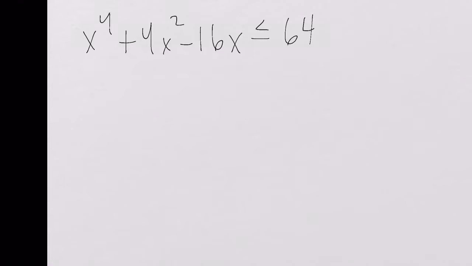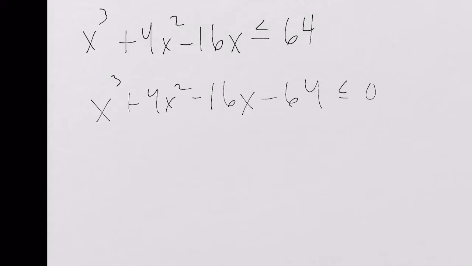Alright, so with this one, again I showed you the graphical approach with Desmos on the other video, but if I move this, this should be a cubed, sorry. If I move the 64 to the other side, I have this.